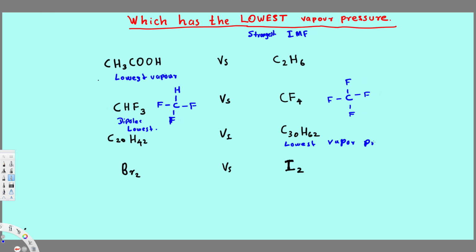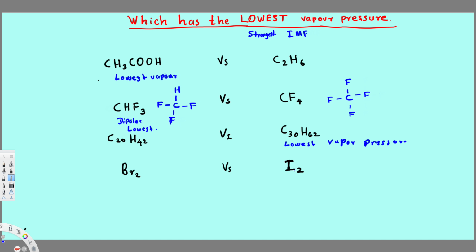Let's look at this one right here, Br2 and I2. Both of them are linear, so both are non-polar, so they only have London dispersion force. But to determine which one has the lowest vapor pressure, we have to look at another factor, like the molecular weight.